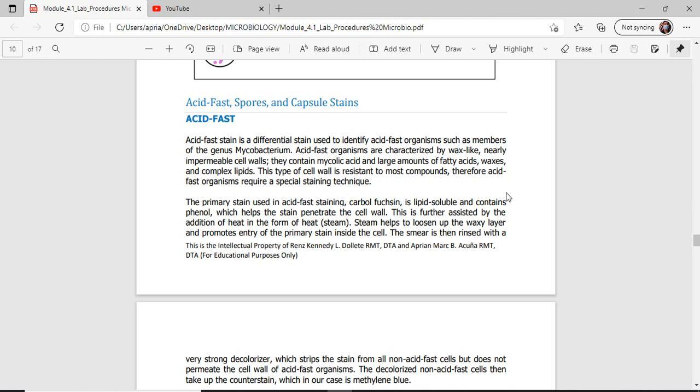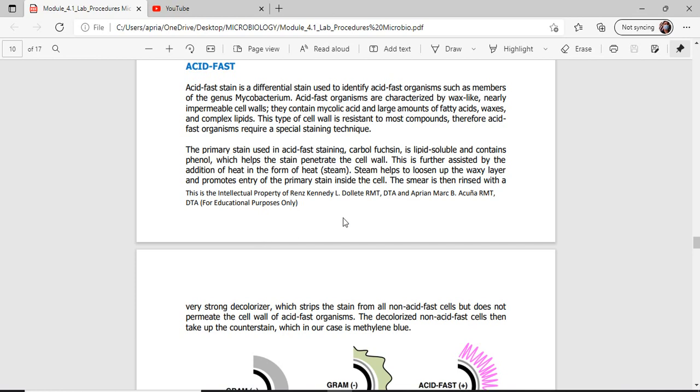The primary stain used in the acid-fast stain is carbol fuchsin. It is lipid soluble and contains phenol, which helps the stain penetrate the cell wall.